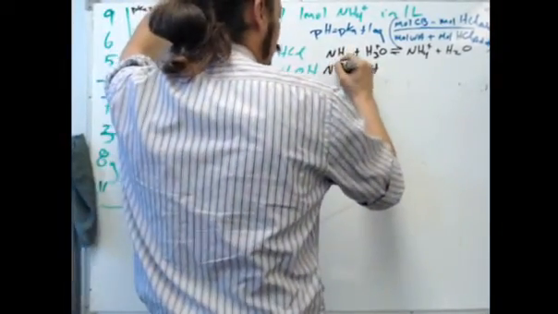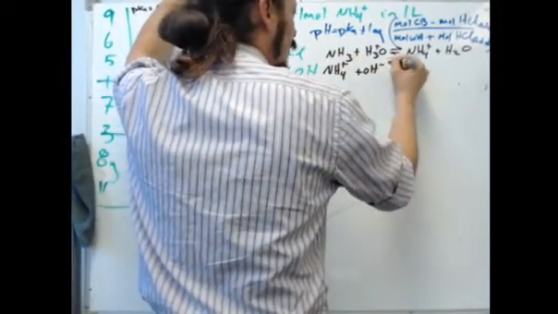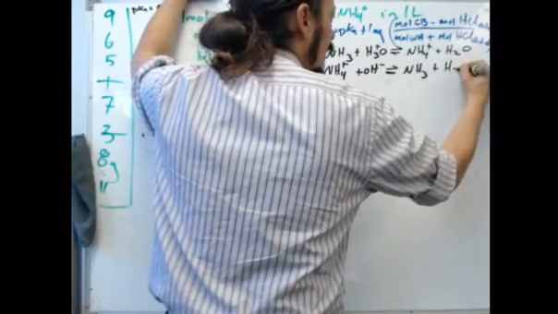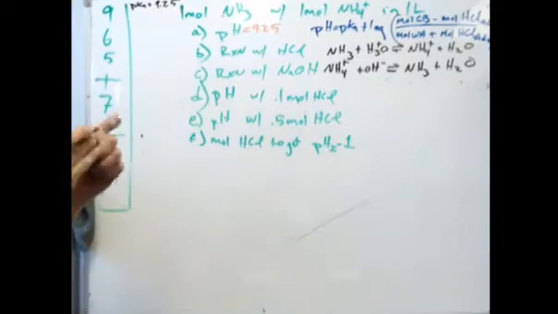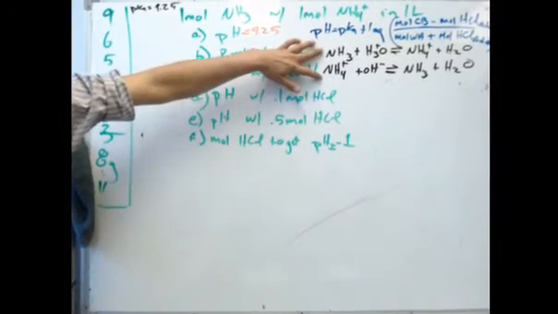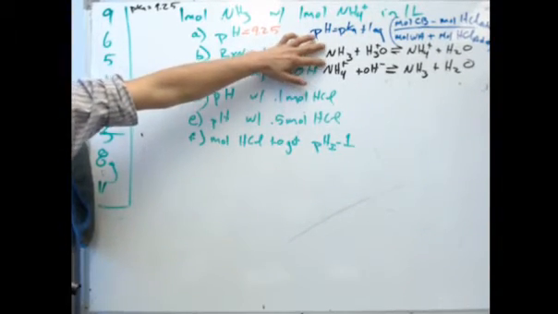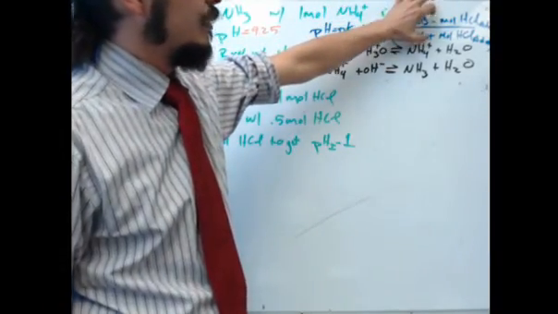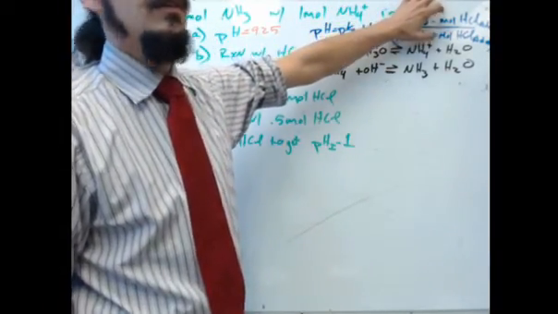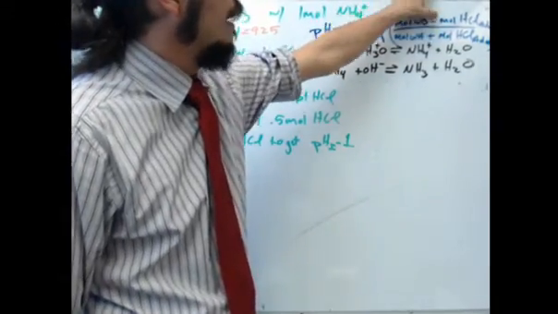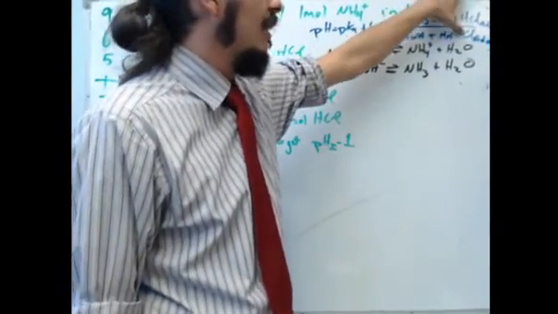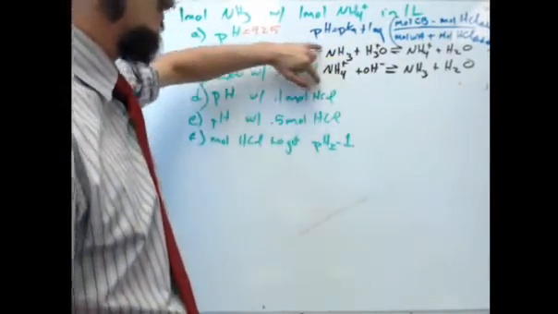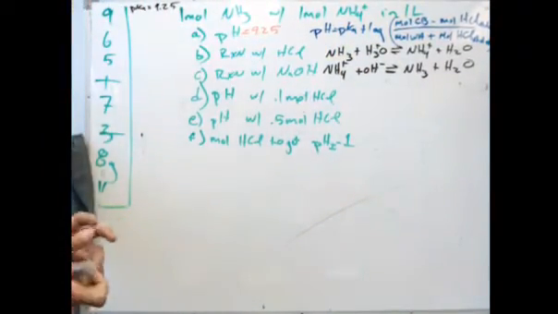NH4. So we're going to put NH4 there plus OH minus goes to NH3 plus H2O. These two neutralization reactions, whether we're adding acid or adding base, is what changes the stoichiometry inside of this equation. Whether we're doing pluses or minuses on top, and whether it's HCl or NaOH, that's going to be because of these two neutralization reactions.